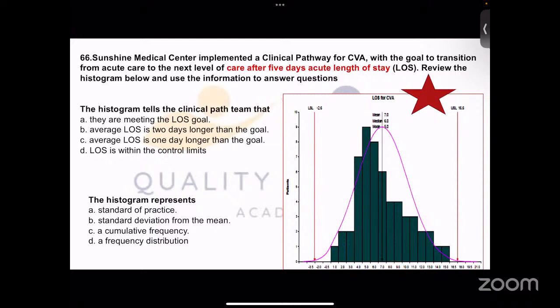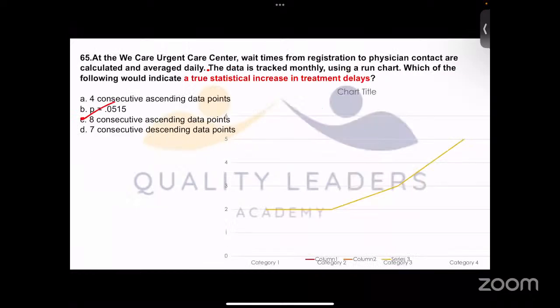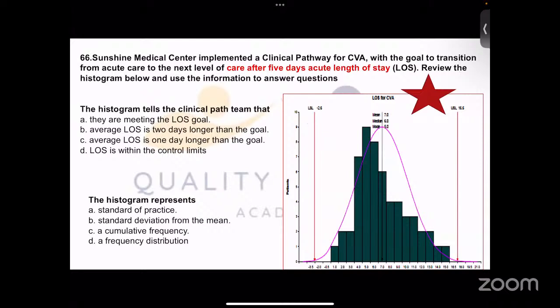So a trend in a chart is how many data points? So it is 5 or more consecutive points in the same direction. So the best answer here is, okay, that one, the eight consecutive ascending data points. So that's it.